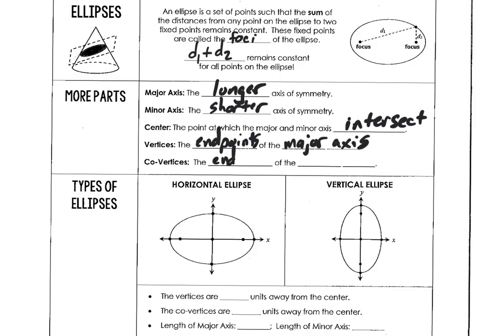The co-vertices are the endpoints of the minor axis. So there are four points that land on the ellipse, where it reaches its extension point. Here, these would be my two endpoints on the major axis, and these would be the two endpoints on the minor axis. It would be different if it was a vertical ellipse, but we're going to have four points on the outer part of the ellipse that we have to identify.